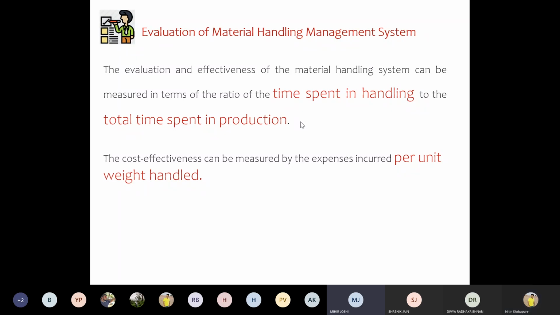Is it the case that the total time spent in handling is in our hands, like we can control that, but the other processes in production, like purchase or delivery time of raw goods, are not in our hands? So that's why we focus on time spent in handling, and total time spent in production is in the denominator. So is it the case?